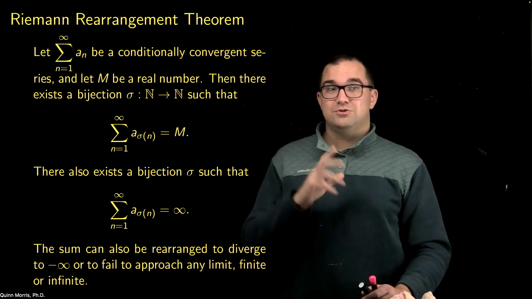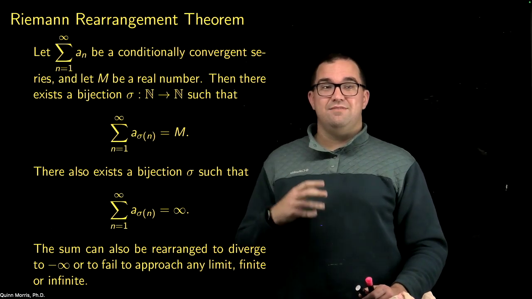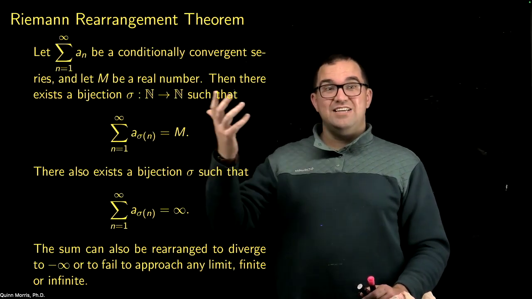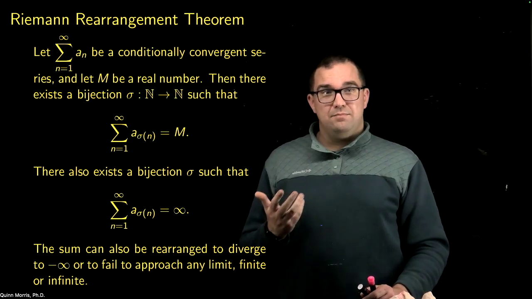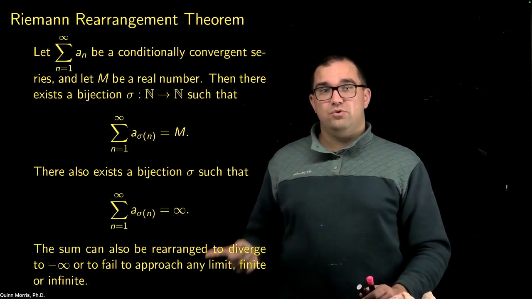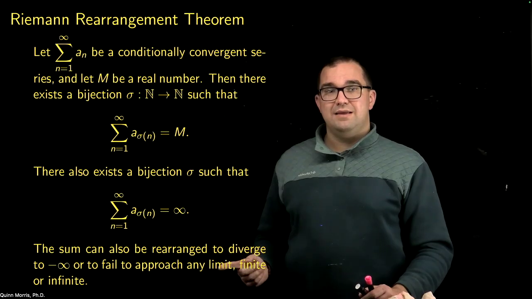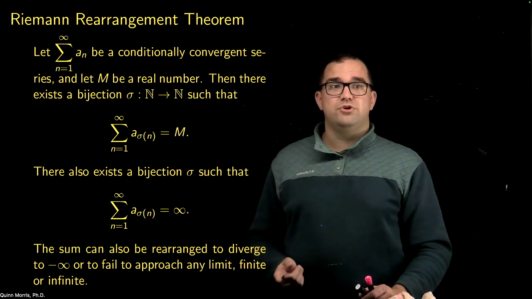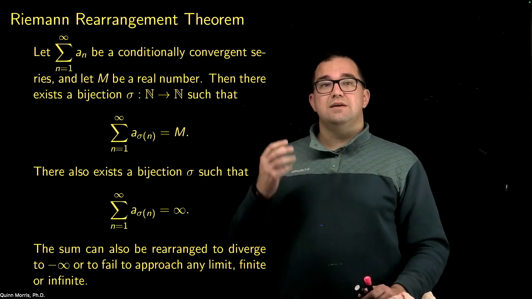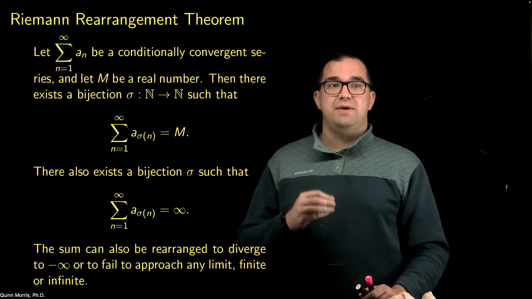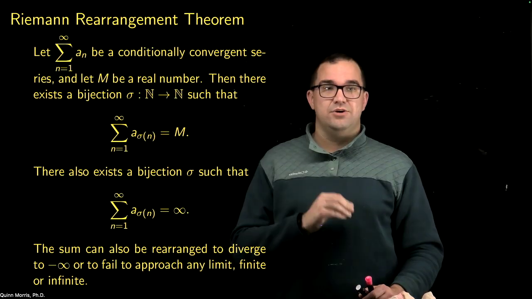You're not going to be able to use commutativity and associativity in the same way without changing the value of that series. And again, the really important thing to note is that you could in fact rearrange these in such a way that they fail to converge at all. So for conditionally convergent series, the convergence is very much dependent on the order of the terms in the series.